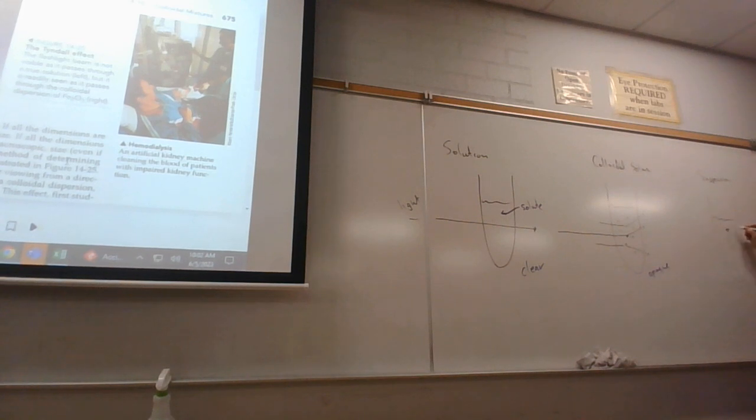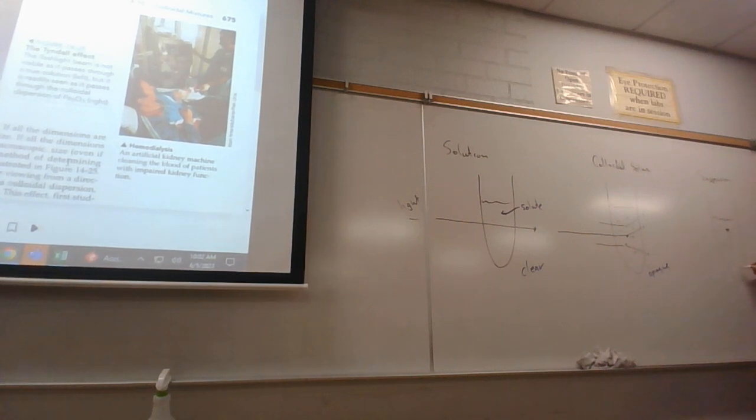The suspension might be temporarily suspended, but eventually it'll sink and settle to the bottom of the test tube. An example of this would be muddy water, where the mud might be temporarily suspended, but it's not going to stay suspended forever, because the particles of mud are too big, and gravity is going to take over and it'll settle.